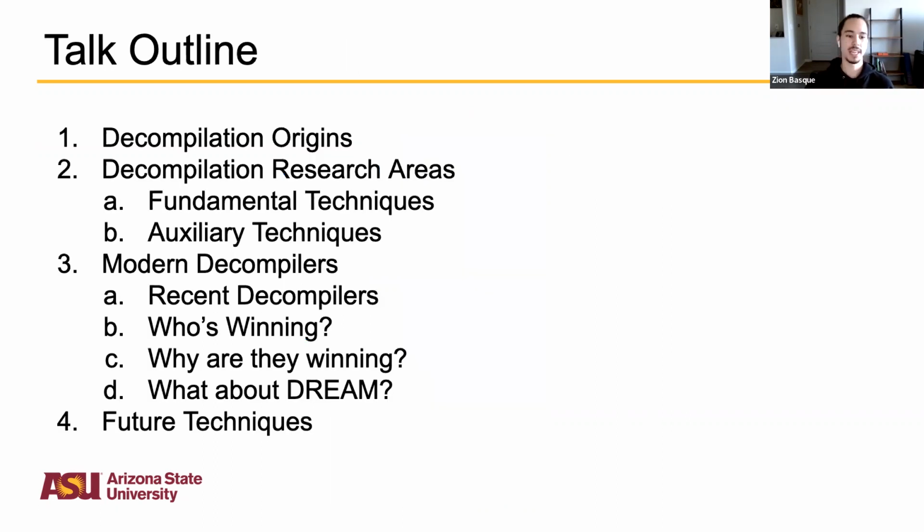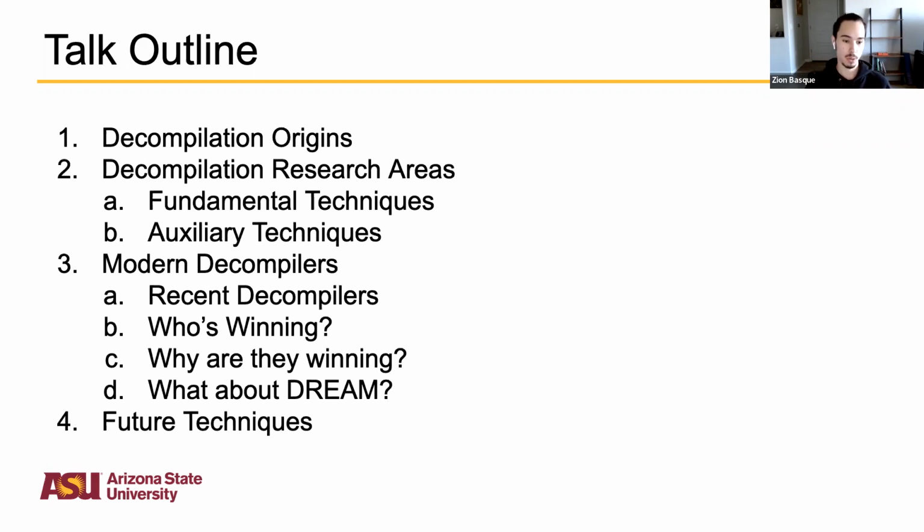And on that note, we get to the actual outline of what this talk will be going over, including its technical topics, its background knowledge, and its future views. First, we'll talk about the origins of decompilation, or at least the origins of most research areas in decompilation. Then we'll go on to the newer research areas, things that people are doing right now and how they've been touched in the past. I break these down into two categories called fundamental techniques and auxiliary techniques.